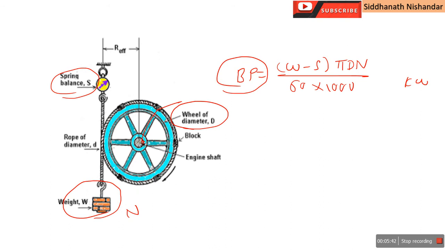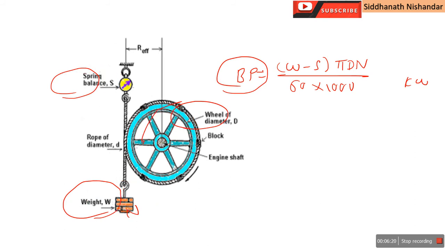Most importantly, in an IC engine there is only one source of power, the crankshaft, and all the various parameters run through it, such as the drive for units like the fuel pump, governor, oil pump and water pump. That power is consumed by the various systems in the car. So the brake power is always less than the indicated power. Now let's see another dynamometer, the hydraulic dynamometer.